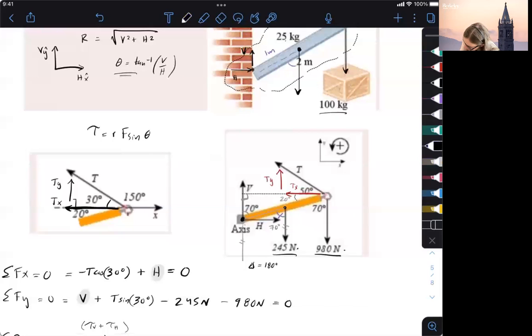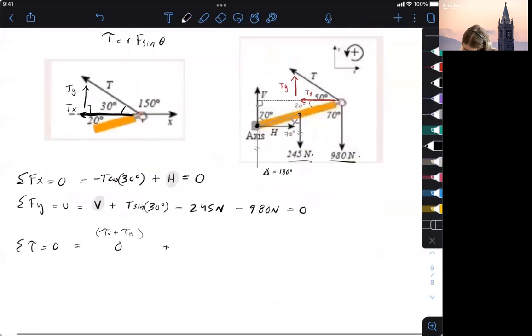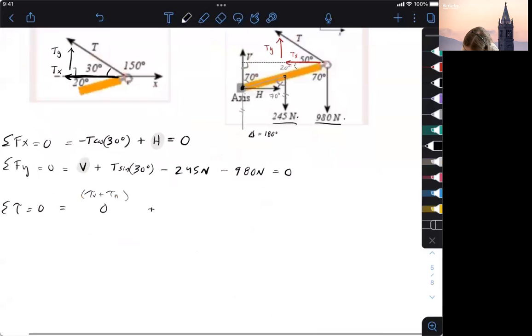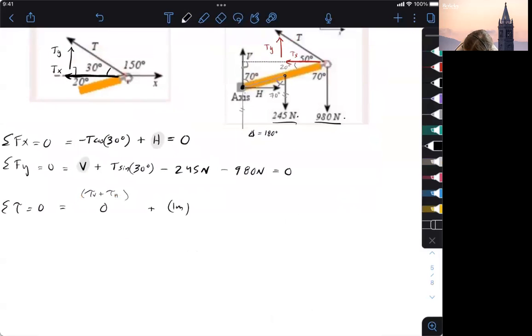Okay, and then I can get that angle there. So this would be the weight, and the distance is 1 meter, from here to here, and our force is negative 980. And then what was our angle? Sine of 70 degrees. Okay, cool.